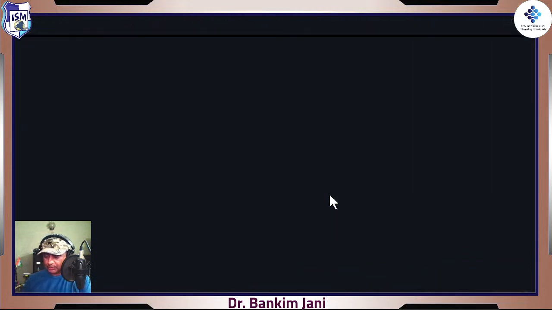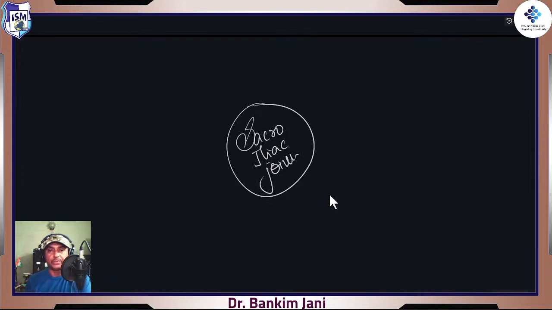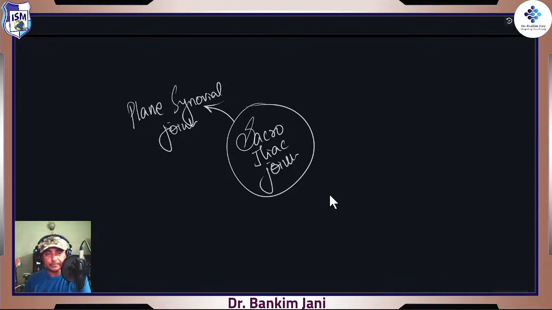Moving on to the last one, and this is the sacroiliac joint, right? Quite a big joint. Now this is a plain synovial joint. In the sacroiliac joint, though this is a joint, there is very little movement.